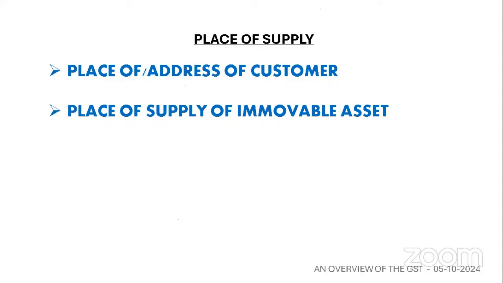Now, the invoice, the bill for the supply, is made by a Karnataka man to a Karnataka customer, whereas the goods are moving from Mysore to Chennai. Now the question arises, what is the place of supply? The rule says the place of supply is the place of the customer, or the address of the customer. For me, the customer is not the ashram in Chennai.